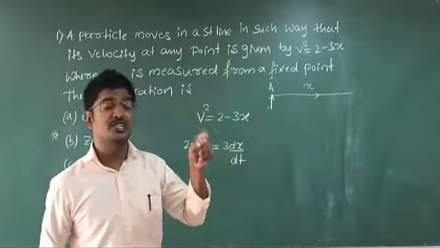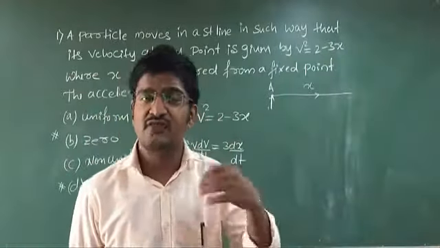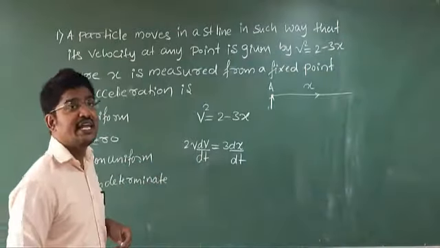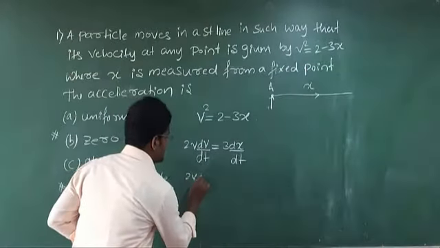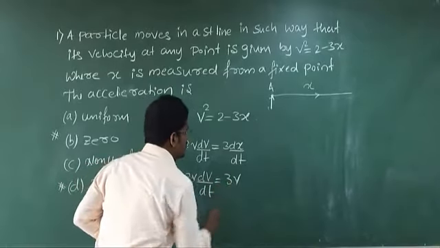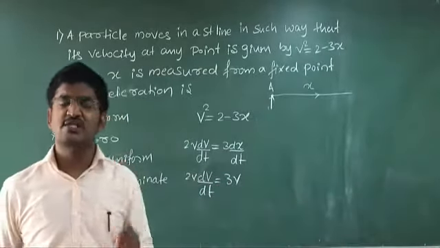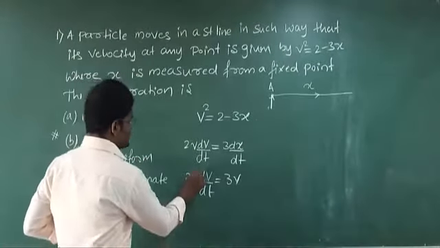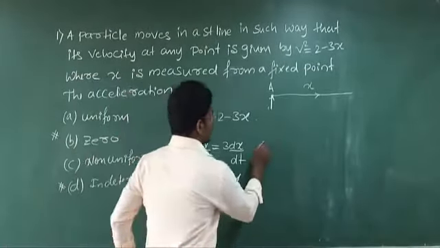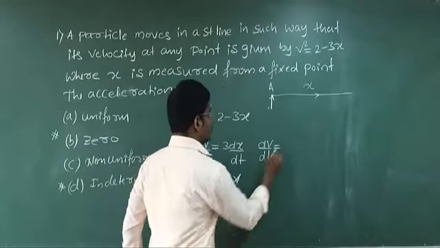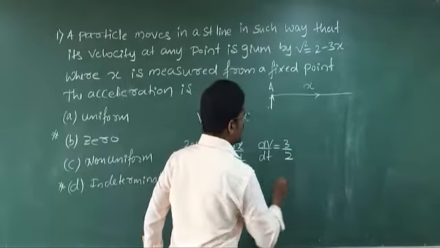If the displacement is differentiated, then I can write it as dv by dt equal to 3v, because dx by dt is the velocity. So now, can I cancel v and v? So dv by dt is going to be equal to 3 by 2.